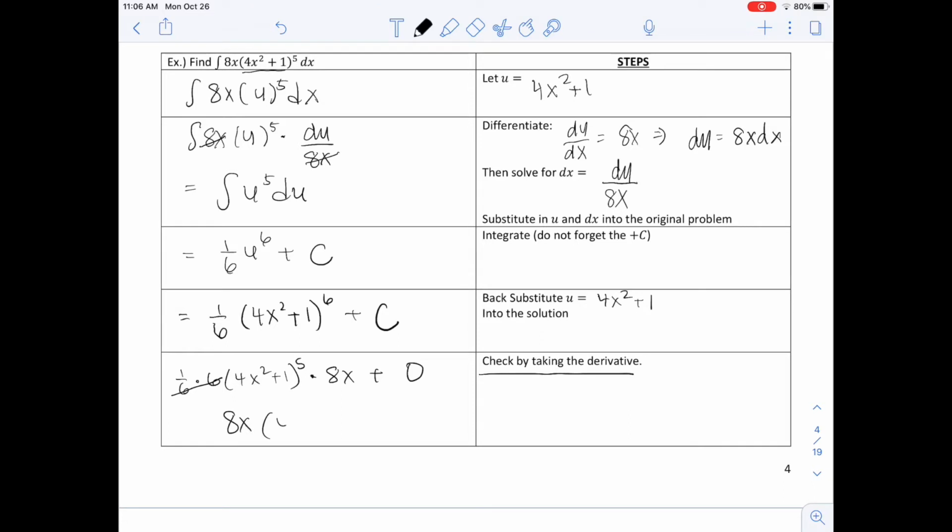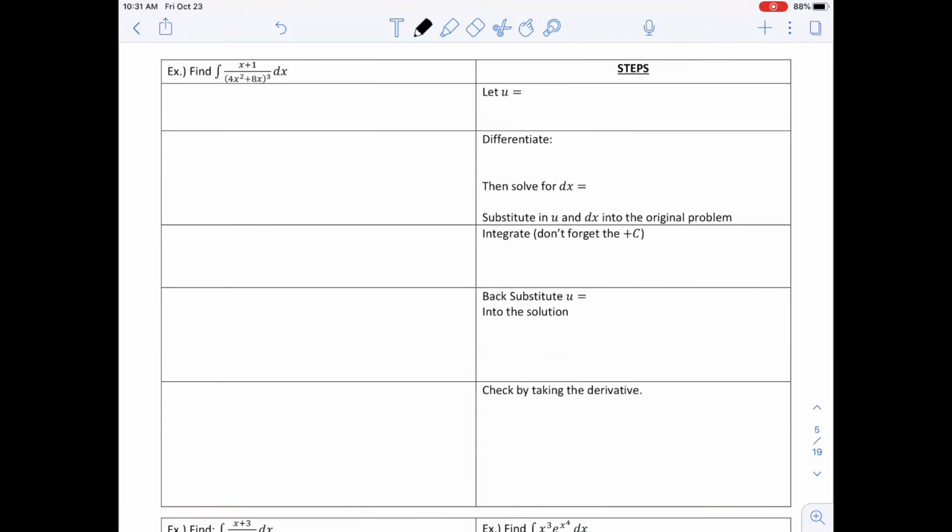We'll put the 8x in front, and I have 8x times 4x squared plus 1 raised to the 5th. And checking up above for the original problem, this does equal our integral, so check. So you can always check by taking the derivative of an antiderivative and seeing if your answer is correct. The example on the next page, we're going to work out the same way with the same steps.